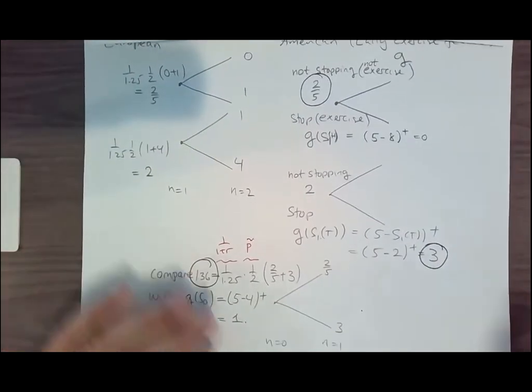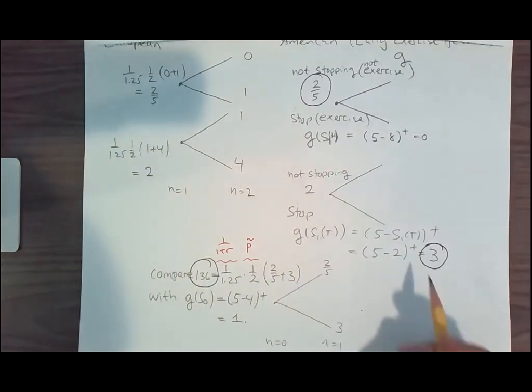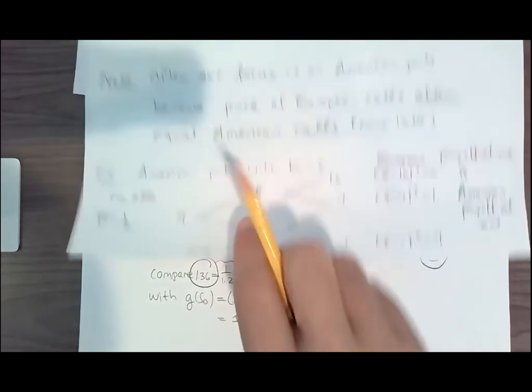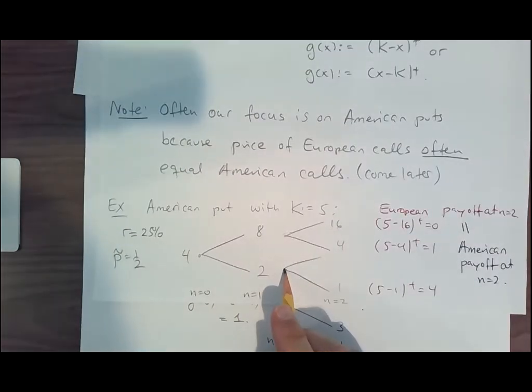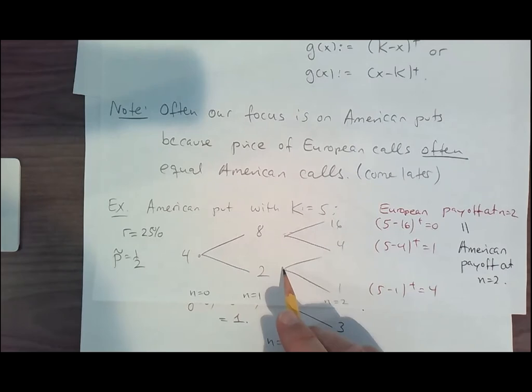I mean, you can't get the max, right? This is not how it works, because when you're sitting at this node, you don't know if it's going to go up to 4, or if it's going to go down to 1. Okay, so we never take that chance, I guess. We always just stop.